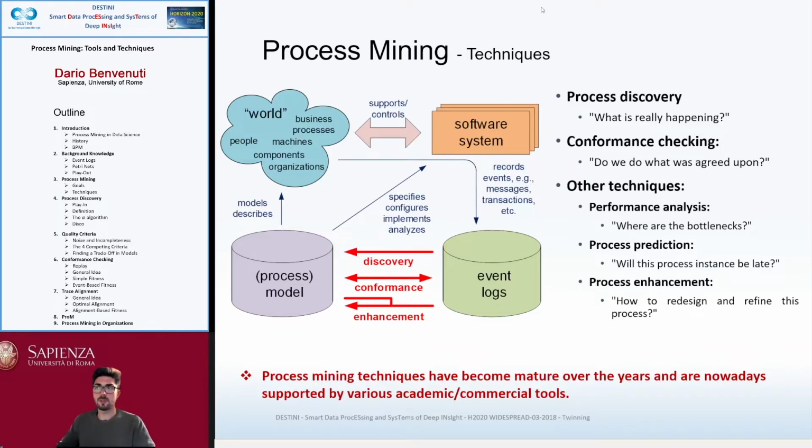We have process discovery, which is used to understand what has really happened. Conformance checking, which is used to understand if the log agrees with the model of the process. And there are a lot of other techniques that range from analysis of the performance to predictions of what will happen, or enhancement.